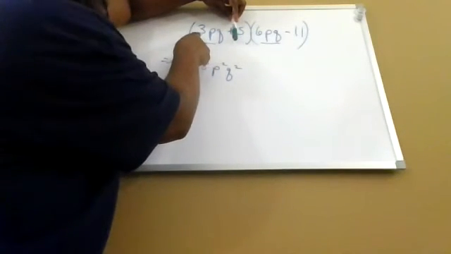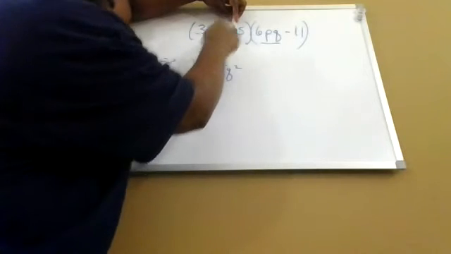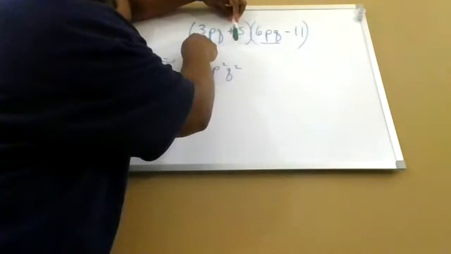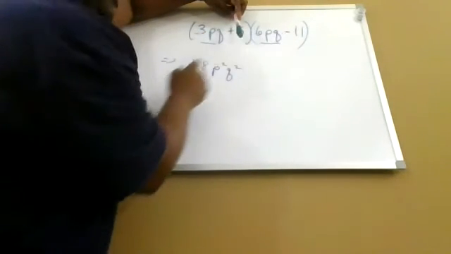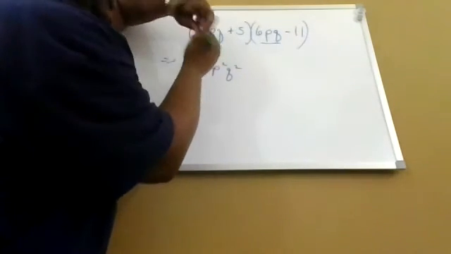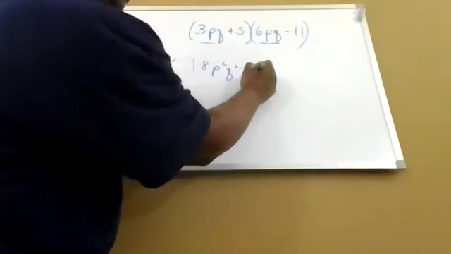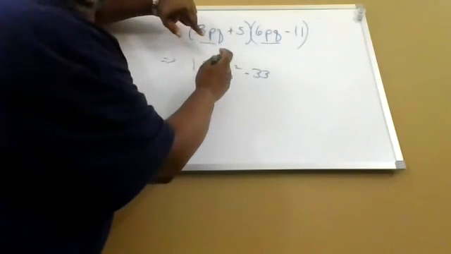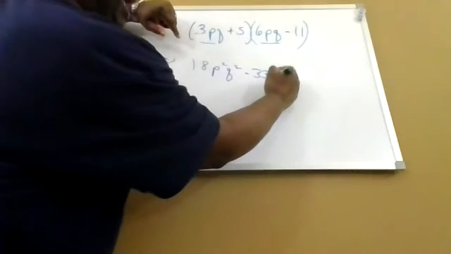Now I'm going to multiply the 3PQ times the negative 11. So then the 3 times the negative 11 would give me negative 33. And then the PQ, just add that to the end.